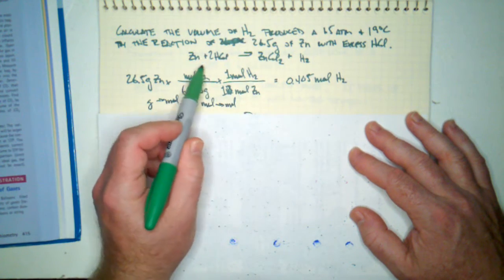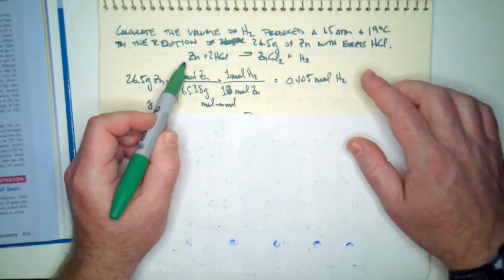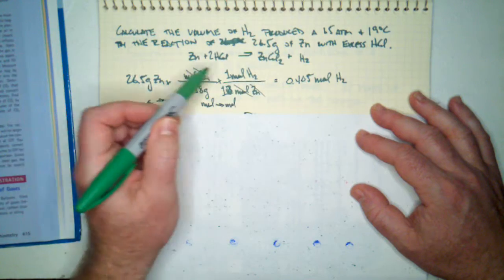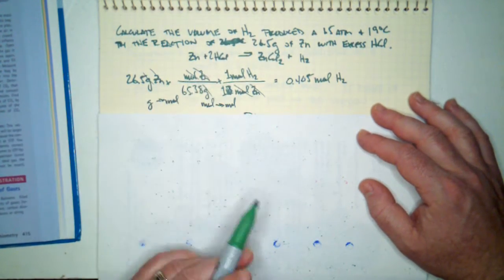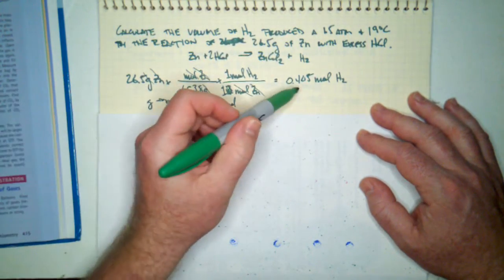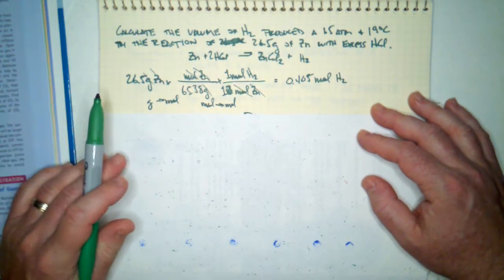We use 1 mole of zinc for every mole of hydrogen. How do I know? Because that's in the equation. 1 mole and 1 mole. Let's cancel those out. So now I know how many moles of hydrogen that is. So 26.5 grams of zinc will make 0.405 moles of hydrogen gas.